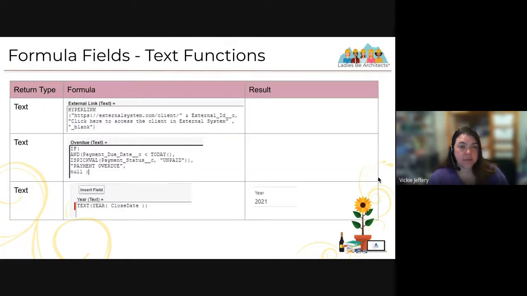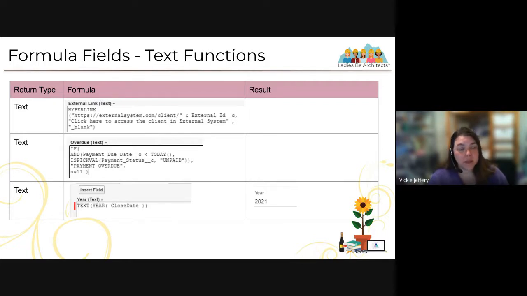All right, text functions. So for the examples for these ones, I actually want to put in something like a hyperlink. And the hyperlink is based on an initial URL, but I also want to put an external ID in. So I'm trying to get to an external system and open that perhaps account in the external system. So the first part of that formula is hyperlink.